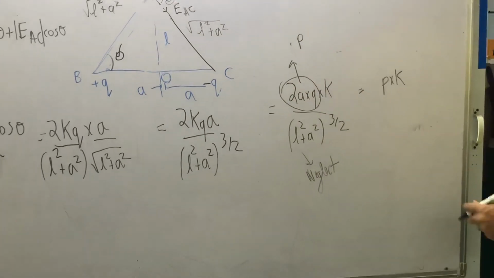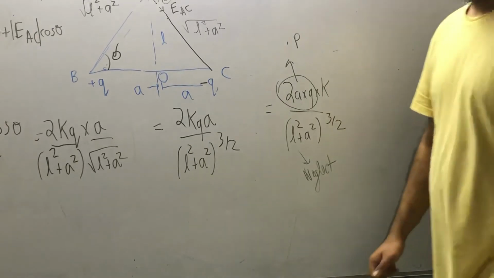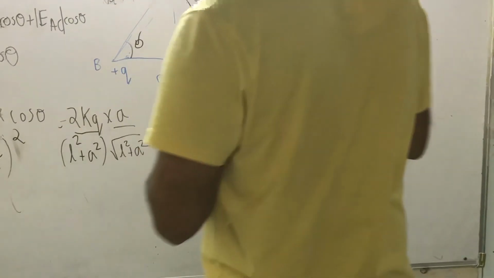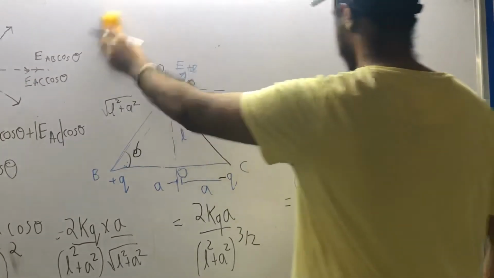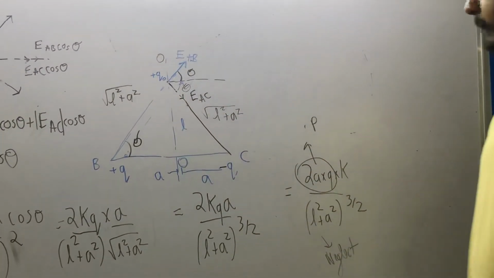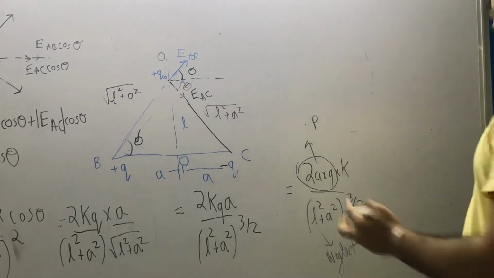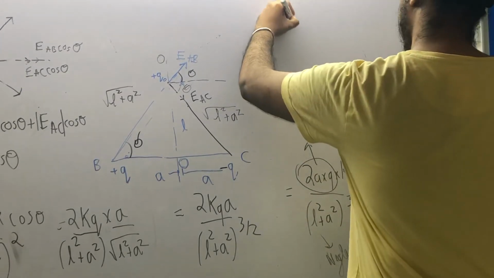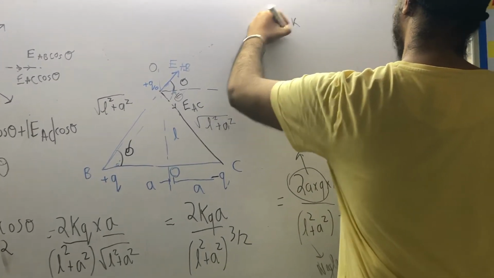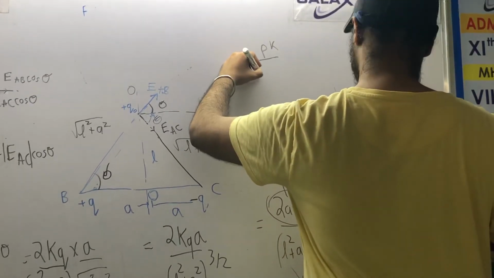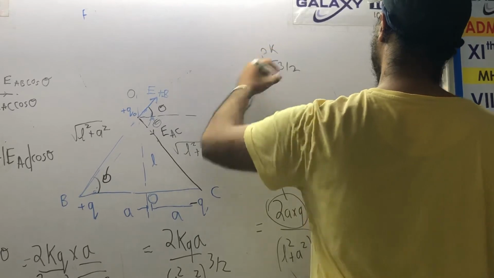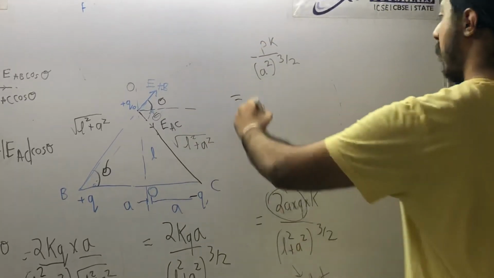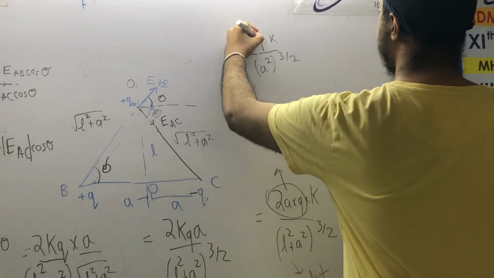Upon simplification this comes out to be P into K upon A square raised to the power 3 by 2. What is P? P is the dipole moment.